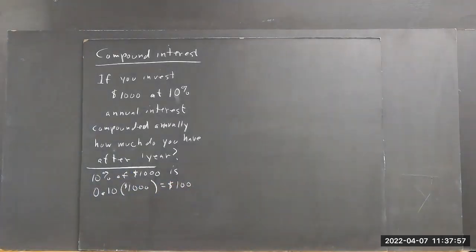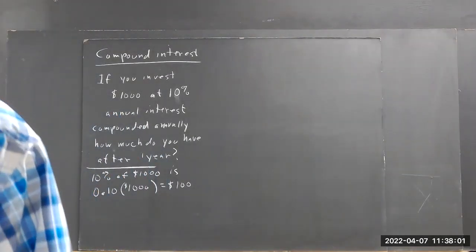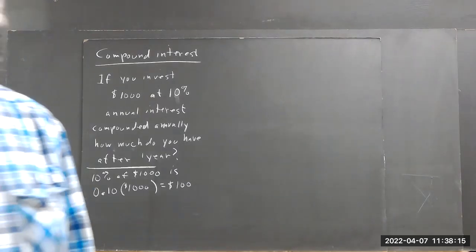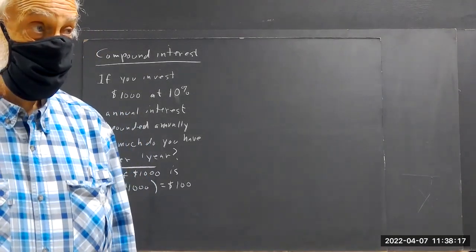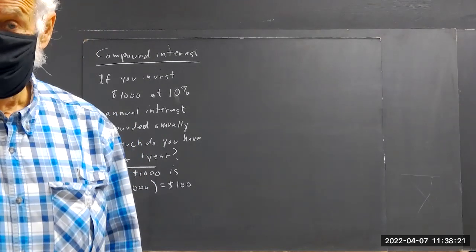Now, one thing: if you use the percent button on your calculator, put shoe goo over the thing or something so you can't use it anymore. Don't use the percent button. The percent button is a shortcut and it doesn't have any real meaning as far as what a percent means. Just something you punch to get a percent.